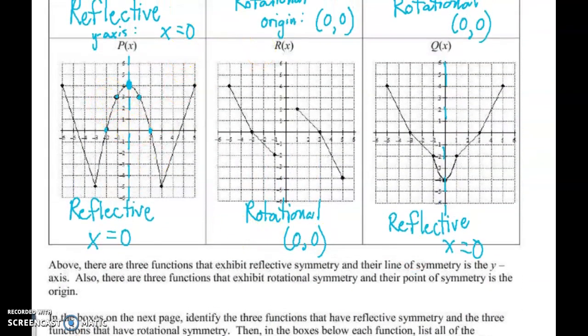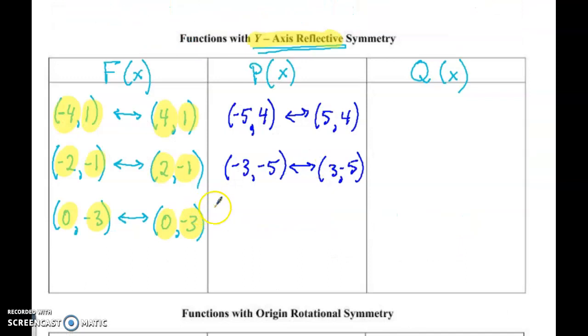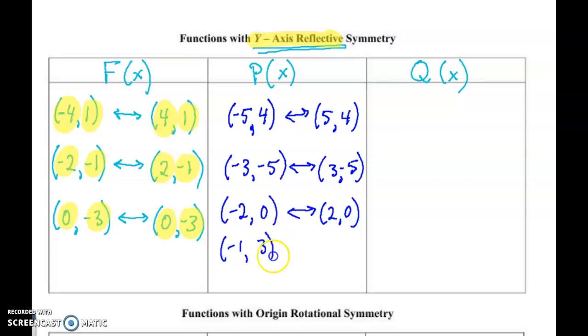Negative 2, 0 would be mapped onto 2, 0. They also give you negative 1, 3, which, if I remember correctly, gets mapped onto 1, 3. And then something we've already discussed is that 0, 4, even though it's only written once, technically maps onto itself.